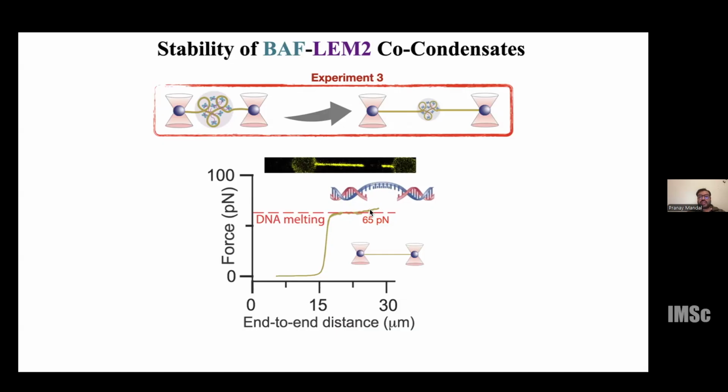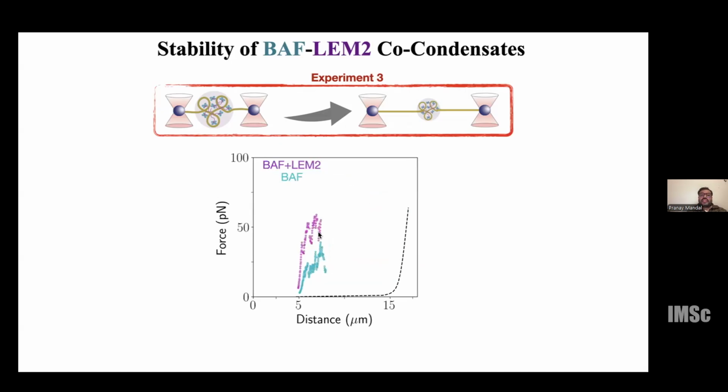The extra force that you are applying goes into melting the hydrogen bonds, and what we are seeing is single-stranded DNA as the dark region, which we are not seeing because nothing binds. We haven't put in any dye that binds to single-stranded DNA. That's why this region is dark, and it is flanked by two double-stranded regions. So this is the main signature that the DNA melts at 65 piconewton if we have some nicks.